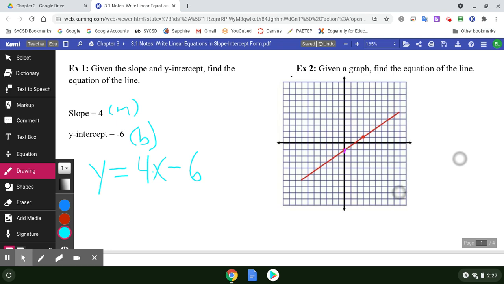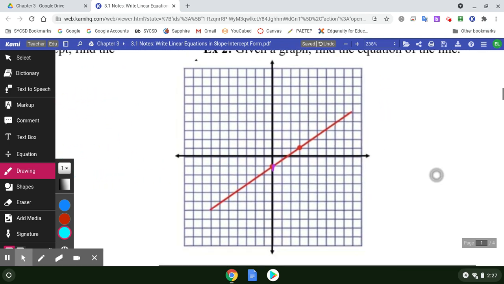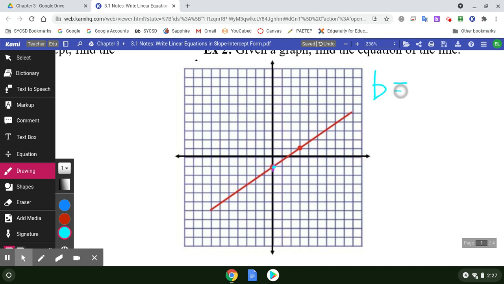From example 2, first, if we want, we can identify that our starting point is at -1. And then to get from point to point, I have a rise of 2 and a run of 3. Since I'm going up, that's an increase of 2, and to the right is an increase of 3.